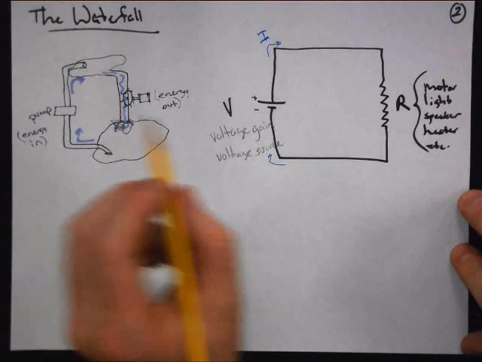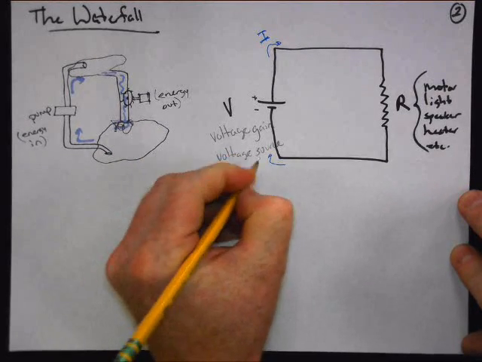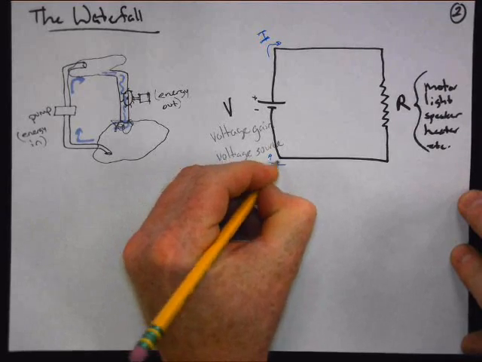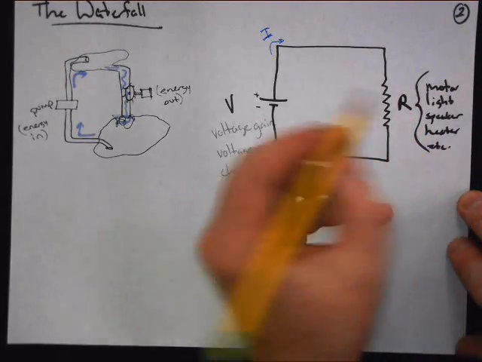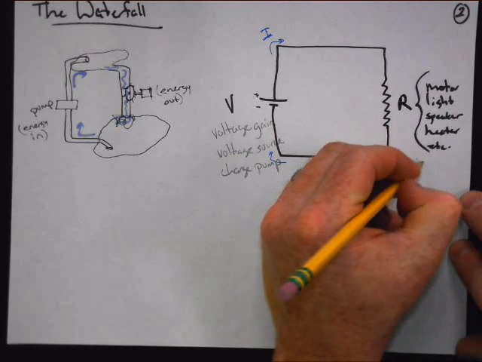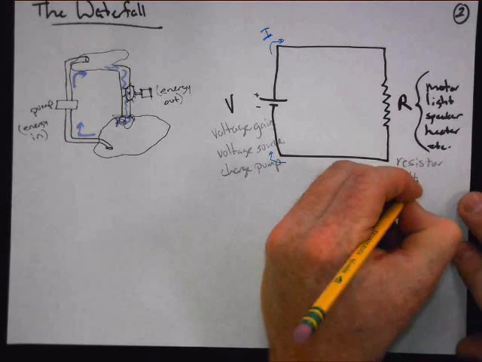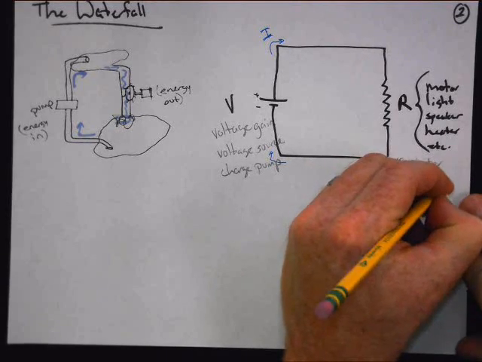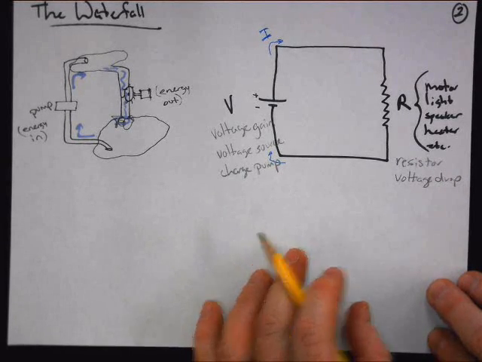I guess you could say charge pump, although that's a little odd, a little unusual, but that's kind of what it is if you think about it. Over here, you could say resistor. That's the most common. You could say voltage drop. You'll hear me use that, voltage drop. Maybe some other stuff you can use there too.